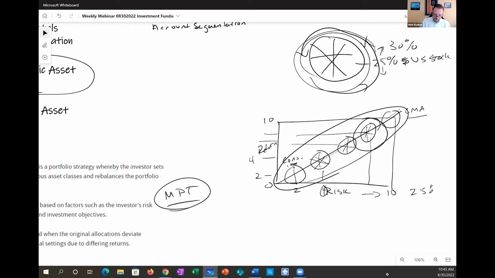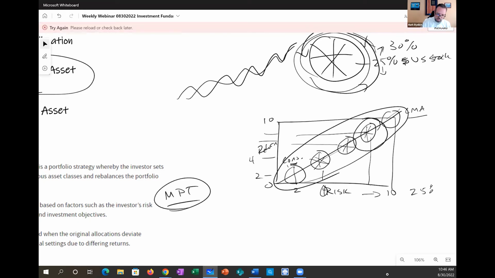And that structure of rebalancing helps your volatility. It's been shown it helps minimize it, right? So you might get a little less volatility there.